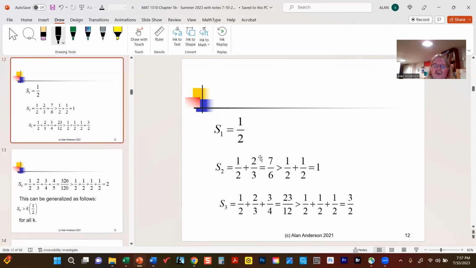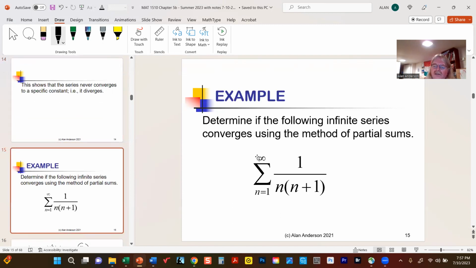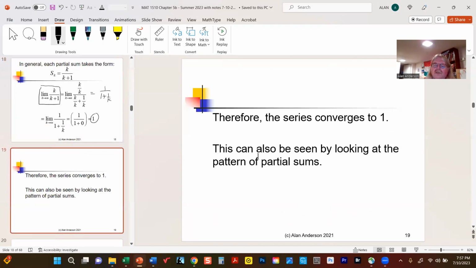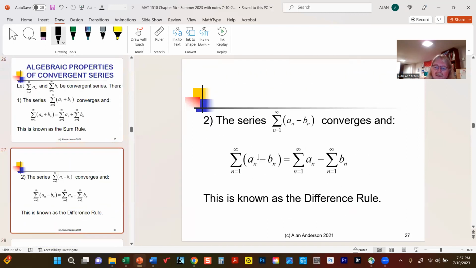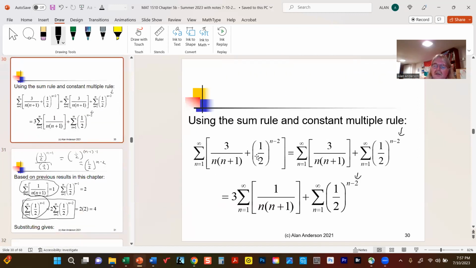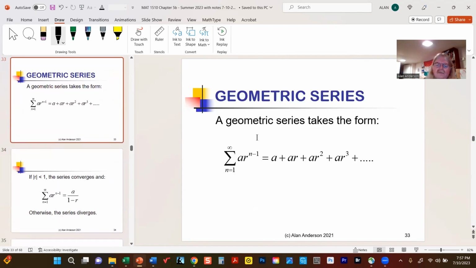And a geometric sequence means they're being multiplied by the same constant, like 2, 4, 8, 16, 32. So it stands to reason that a geometric series is composed of a sum of terms from a geometric sequence. Okay, so in other words, this is what it looks like.